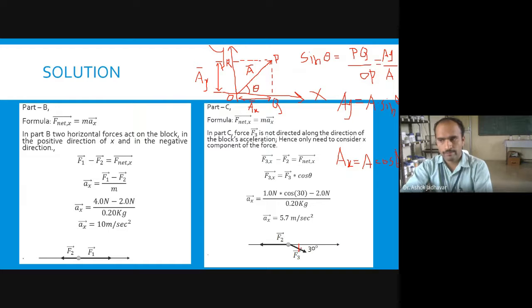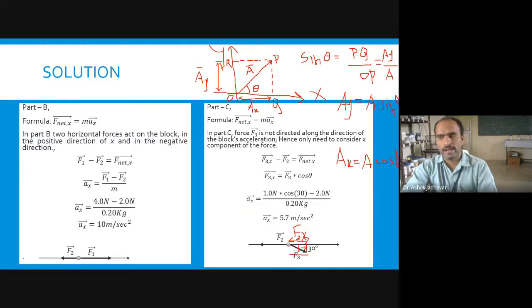So what I need to find out is basically this value, that is F3x, because we are going to determine the acceleration along the x-axis only. We are not interested in the acceleration along the y-axis.